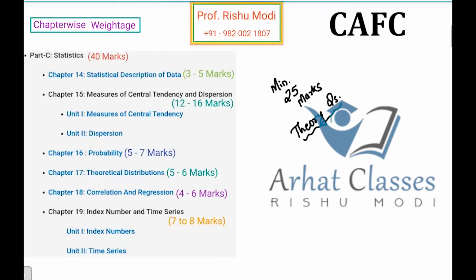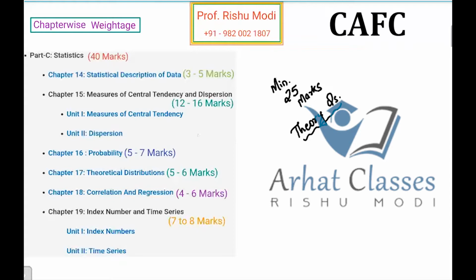So we have chapters like statistical description of data, measures of central tendency and dispersion, probability, theoretical distributions, correlation and regression, and lastly index numbers and time series. If given a choice of which to start with, you know the weightage of measures of central tendency and dispersion, usually I say MOCT and MOD. Together they stand for 12 to 16 marks.